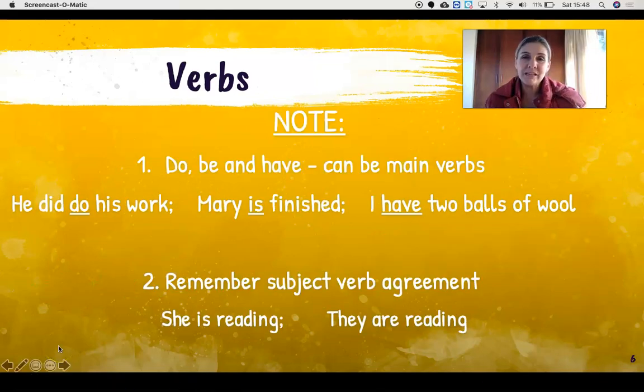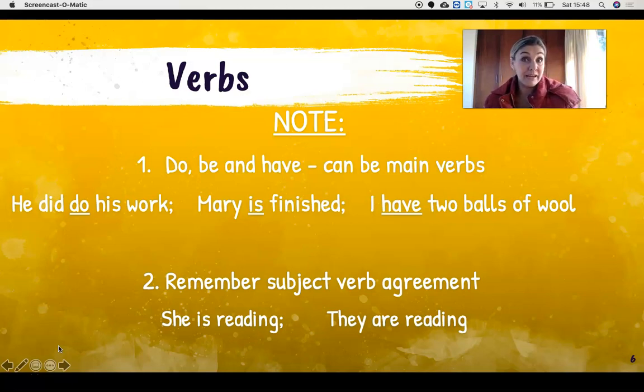Okay, so the first thing we need to note, just some things that we do need to note before we actually get into the lesson, is that your auxiliary or helping verbs can also be a main verb. So just like I said earlier, I have made a cake, I have a cake. Do you see how the word have can be the main verb? I have a cake.